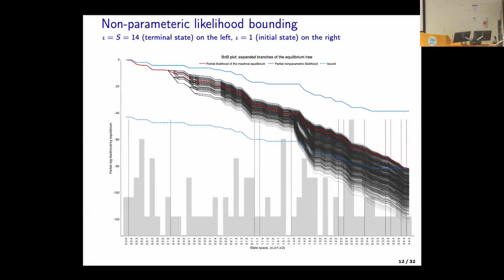Okay? The idea now is this. I solve the model on this subset of points in the state space. I have the partial likelihood somewhere here, part of the black line. Now I'm going to take the continuation value, part of that blue line, and attach it over here to the partially computed partial equilibrium.